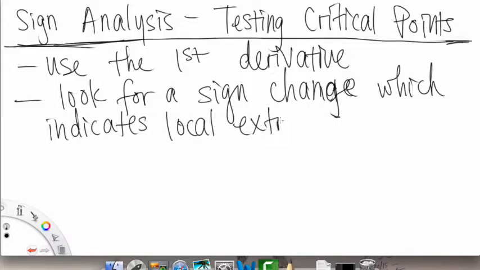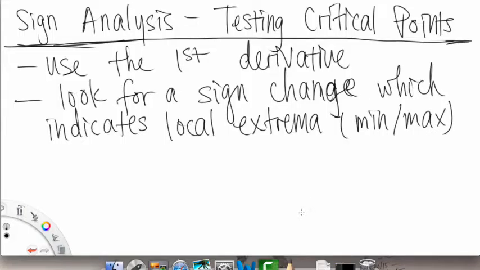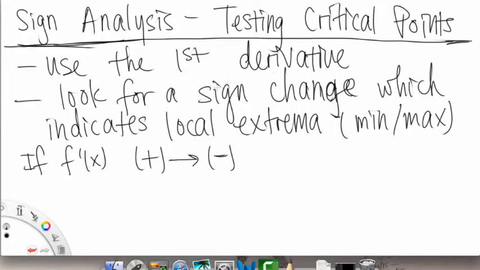Extrema means minimum or maximum. So, for example, if our f prime of x, our first derivative, were to change from being positive, then go to 0, and then switch over to become negative, what does that mean?